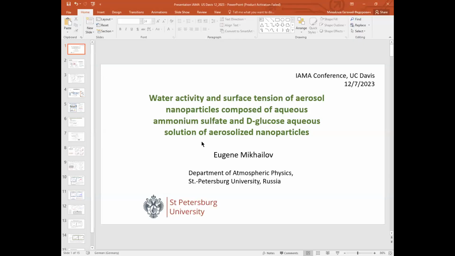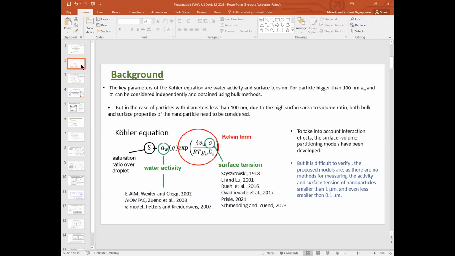Okay, so first of all, I want to thank the organization committee who invited me to present this talk about water activity, such as the extension of aerosol nanoparticles. So I first start with a simple Köhler equation, which we use to describe hygroscopic properties of aerosol particles.